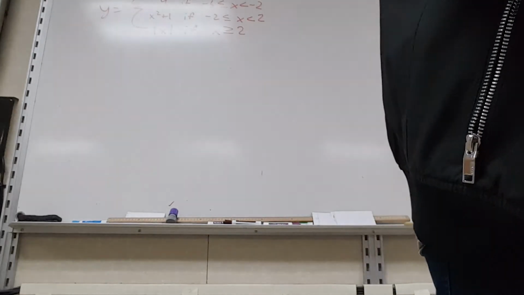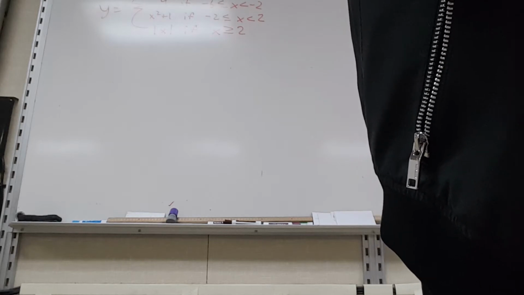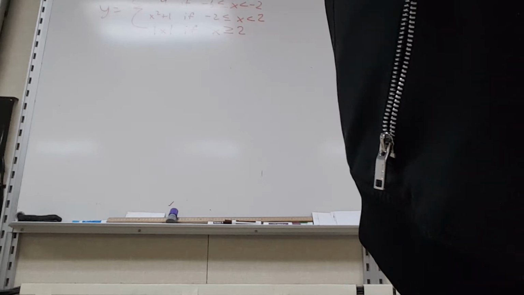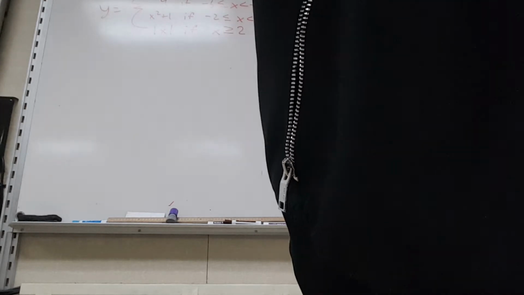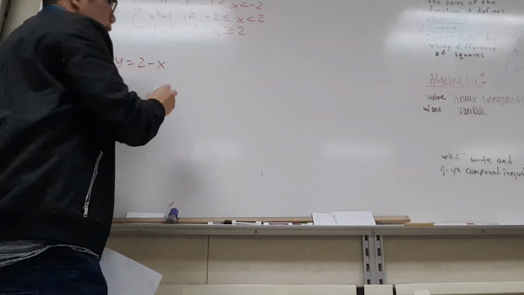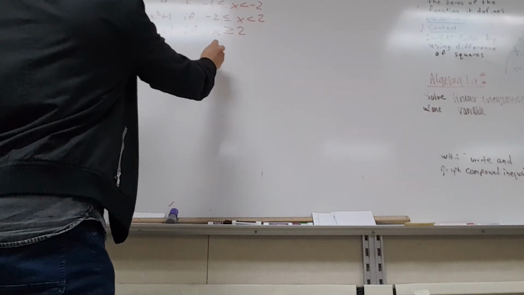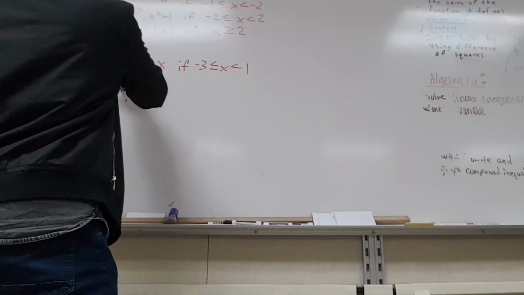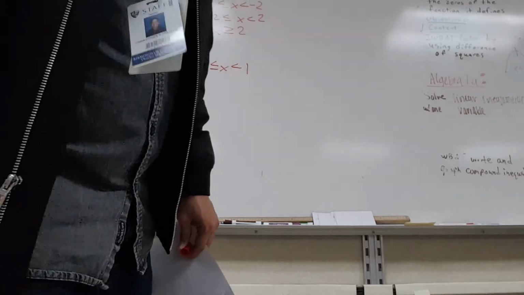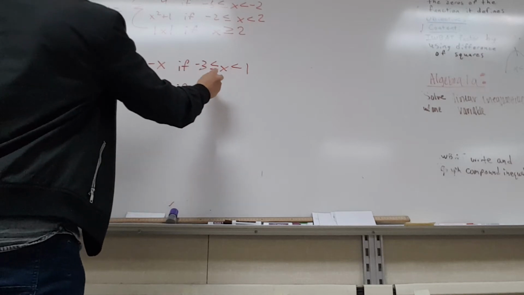I am going to do y is equal to 2 minus x if negative 3 is less than or equal to x is less than 1. And it's square root x if x is greater than or equal to 1.